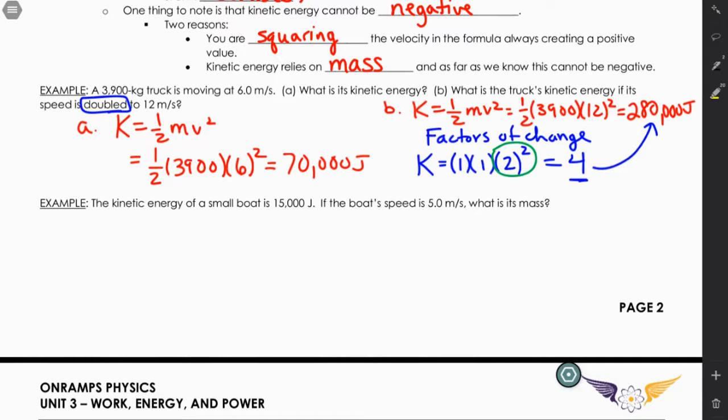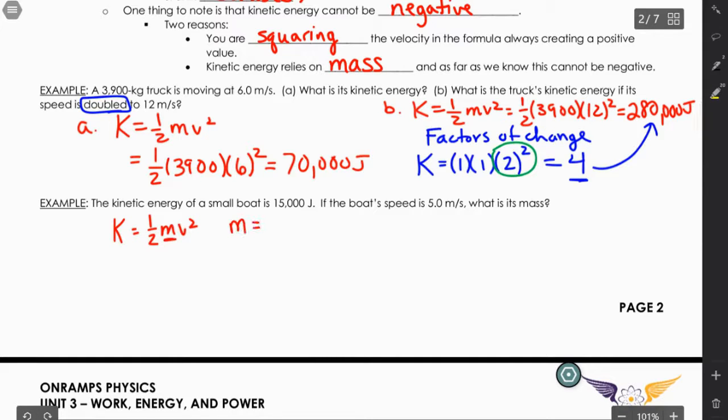Now the next one, here's one where we're going to actually solve for mass. So this tells us that the kinetic energy of the boat is 15,000 joules, and now the boat has a speed of 5 meters per second. What is the mass, right? And so we start with our equation, K equals 1/2 mv squared, and we're going to solve this for m.